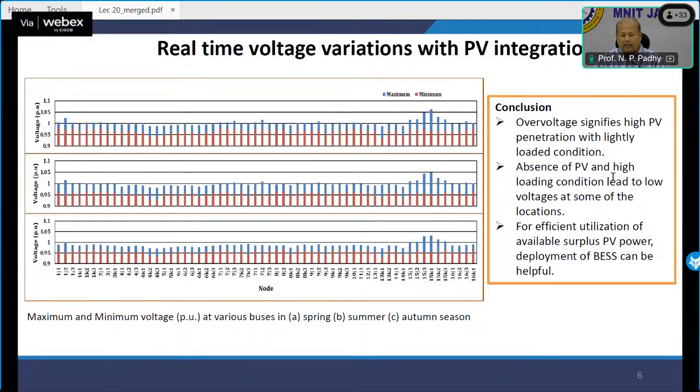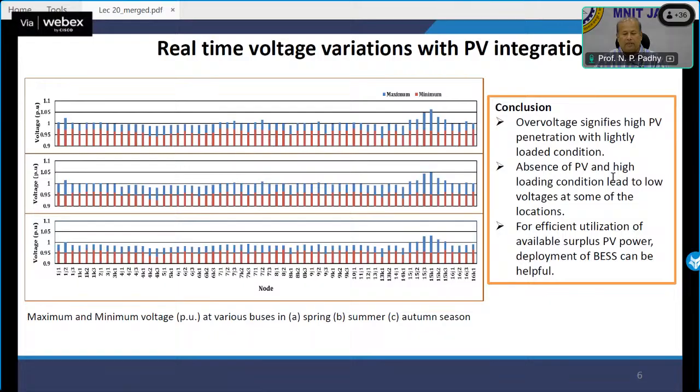Overvoltage signifies high PV penetration with lightly loaded conditions. When the load is low and the PV integration is more, then you experience an increase in voltages beyond 5%. Absence of PV and high loading conditions lead to low voltages at some of the locations. You can see somewhere it is even below 1 per unit.